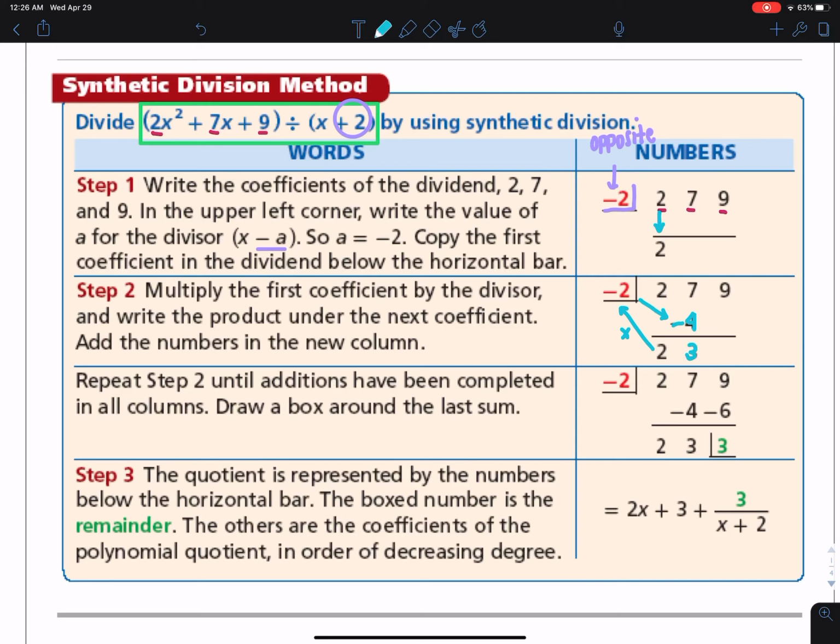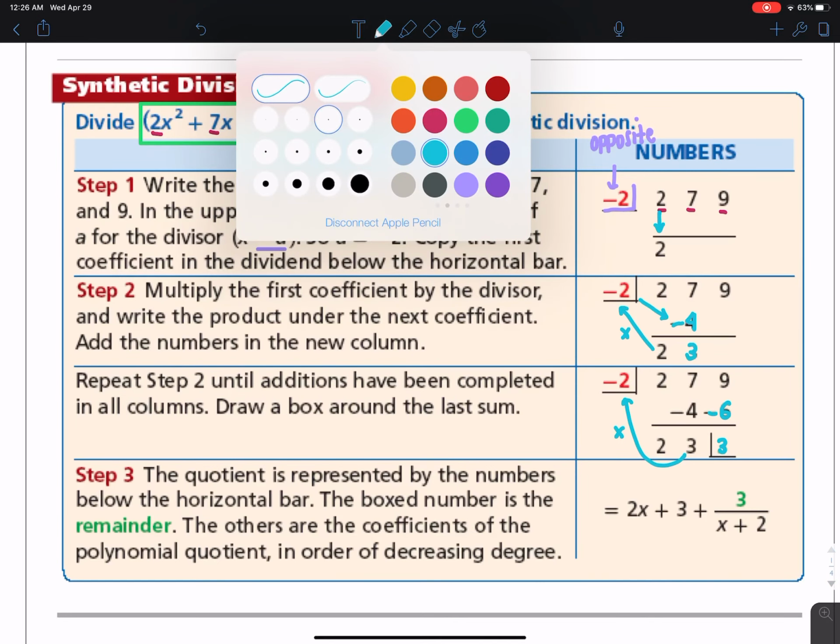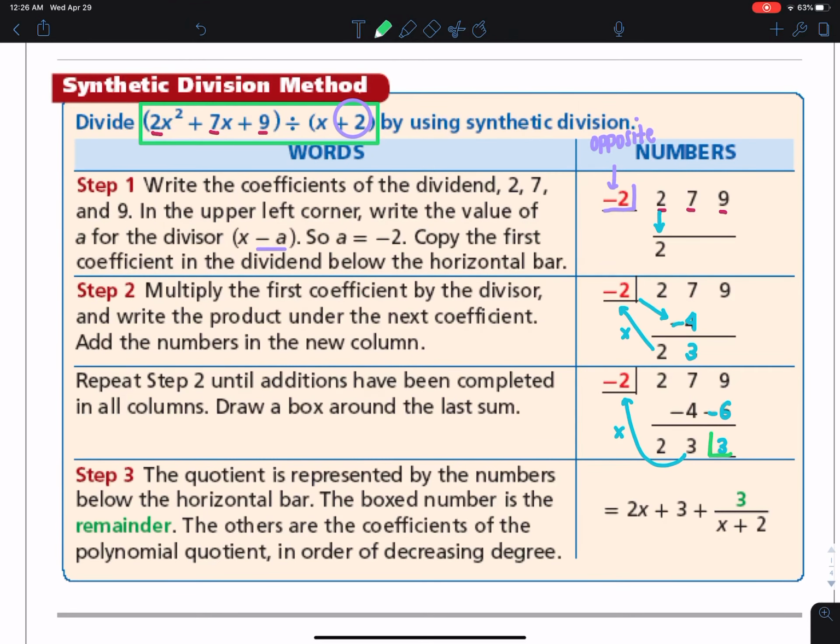And again, it's a repeated process. So then we take 3 and multiply by negative 2, which gives us negative 6, and then 9 plus negative 6 is going to give us 3. The last number that you get, written in a little box, is going to be our remainder.